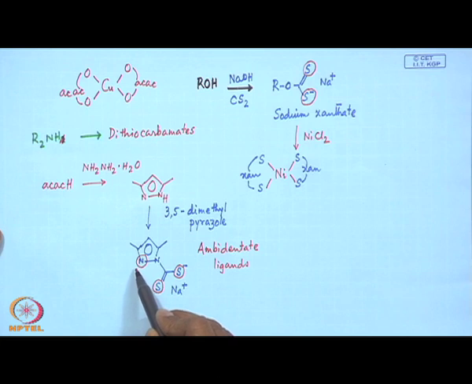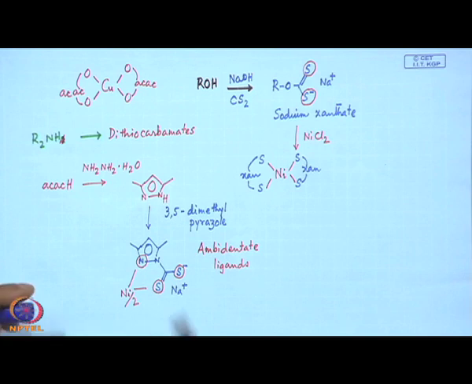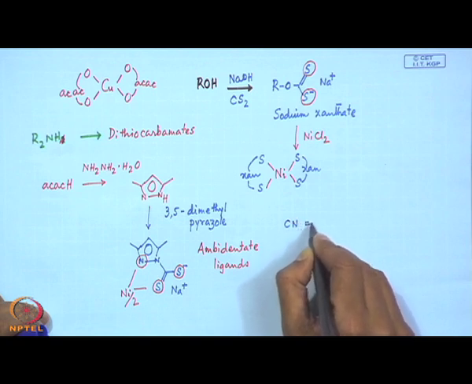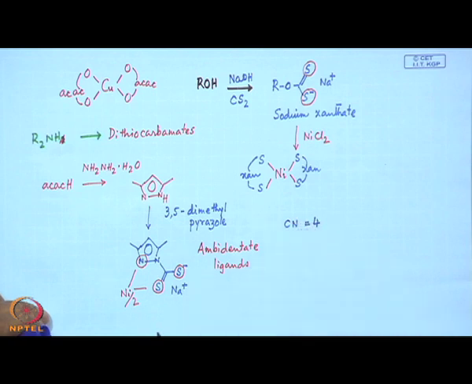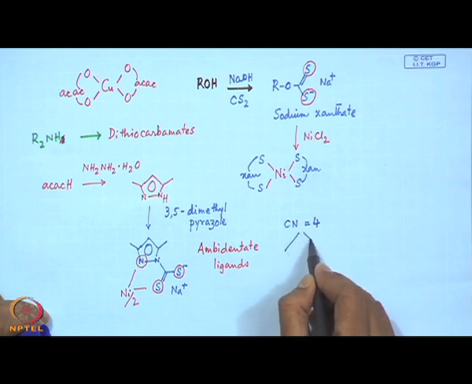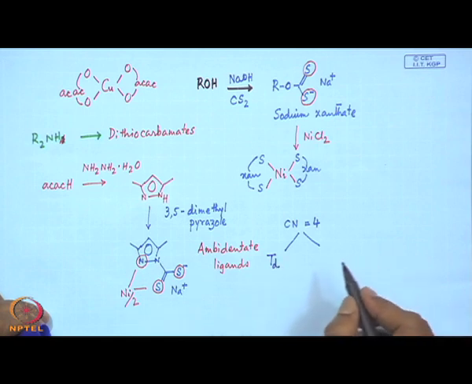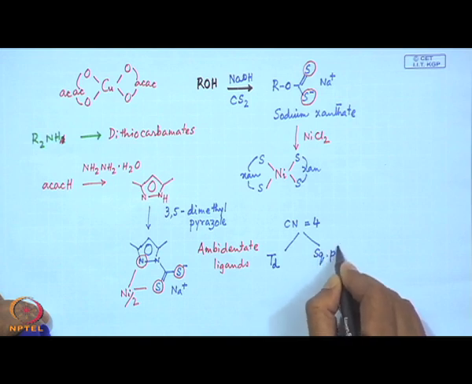If this nitrogen is utilized for the coordination, we get a different type of compound. Say if we react with nickel, we get the corresponding bis compound, with two of these attached to nickel. So, we will have a coordination number of 4, and as we have already seen, this coordination can give rise to a tetrahedral geometry and a square planar geometry.